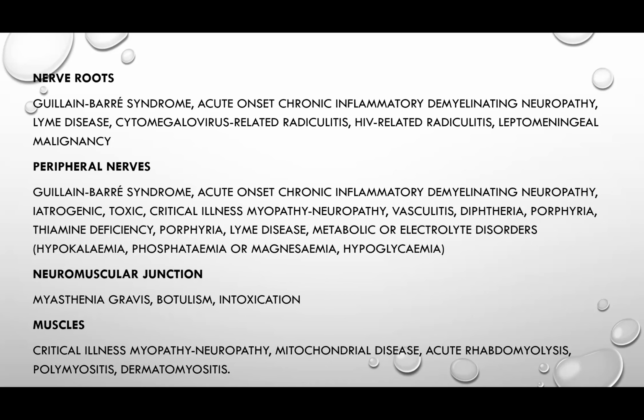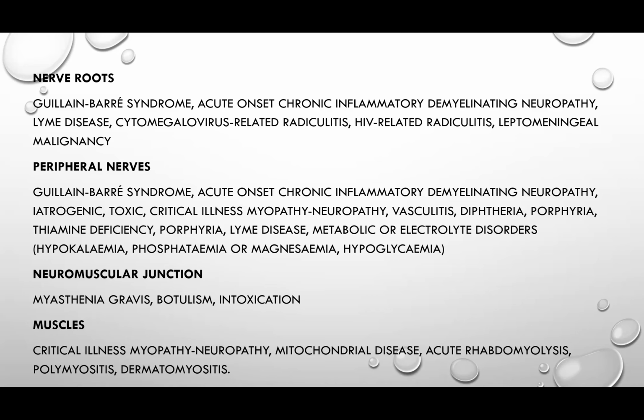Now, nerve roots: GBS, acute onset chronic inflammatory demyelinating neuropathy, Lyme disease, cytomegalovirus related radiculitis, HIV related radiculitis, leptomeningeal malignancies again. Involving the peripheral nerves, again GBS, acute onset chronic inflammatory demyelinating neuropathy, iatrogenic toxic, critical illness myopathy neuropathy, vasculitis, diphtheria, porphyria, thiamine deficiency, Lyme disease, metabolic or electrolyte disorders like hypokalemia, hypophosphatemia, hypomagnesemia, hypoglycemia.